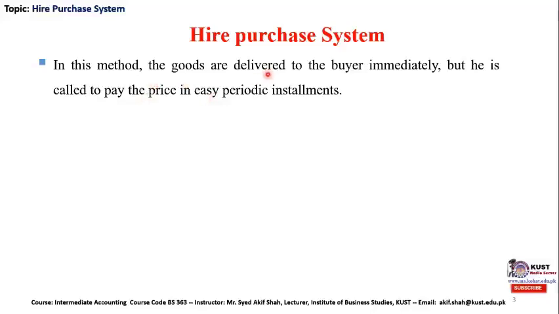Rather, in this method, the goods are delivered to the buyer immediately after their purchase from vendor, but he is called to pay the price in easy installments, which are normally periodic installments. It may be annually, or semi-annually, or quarterly, or monthly installments.